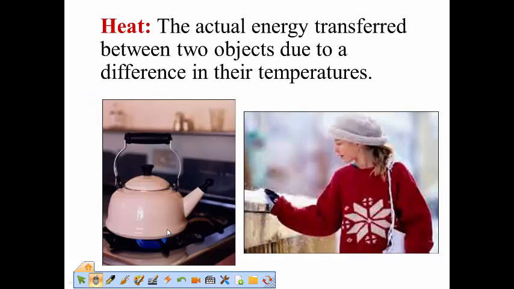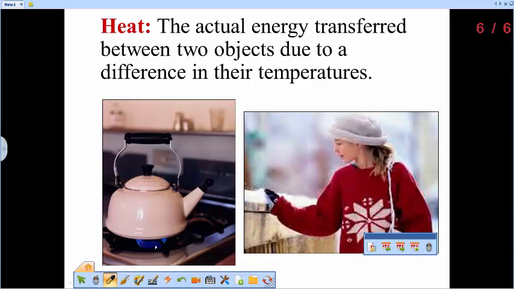So heat is that transfer of energy, and you simply need to be able to follow that direction of heat flow. Here, the heat is flowing from the burner into the kettle. Here, heat is flowing from the girl into the surrounding ice. So heat either flows in or out.